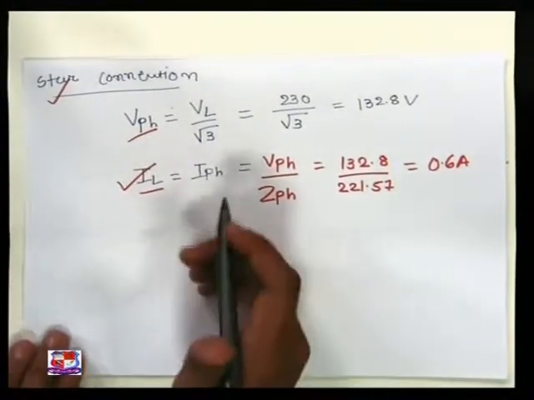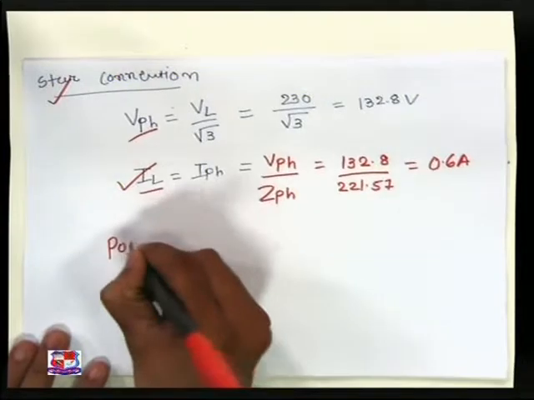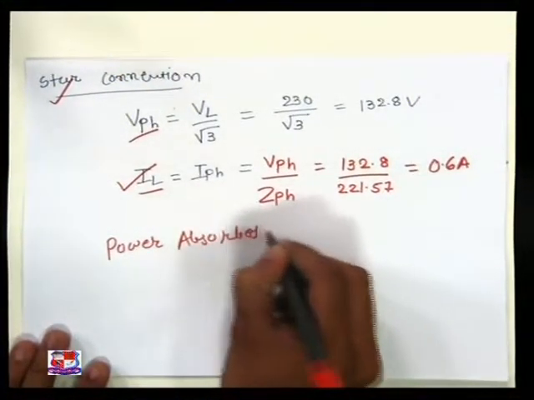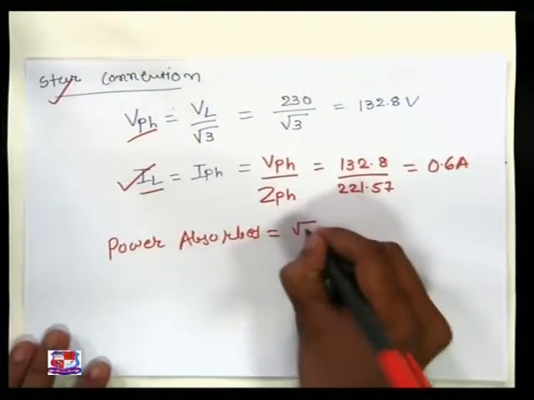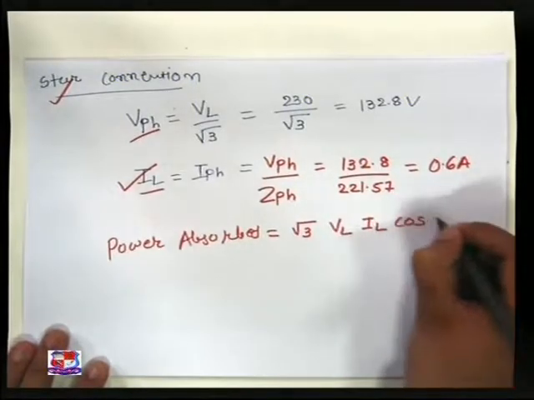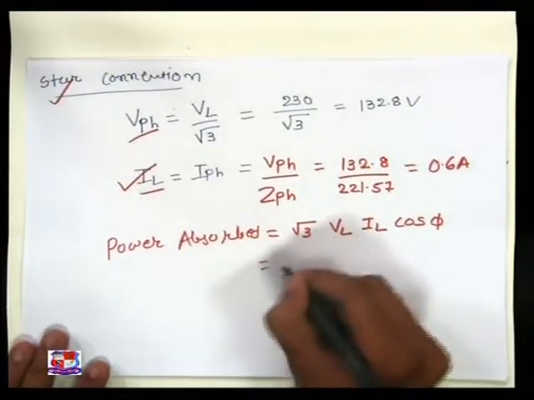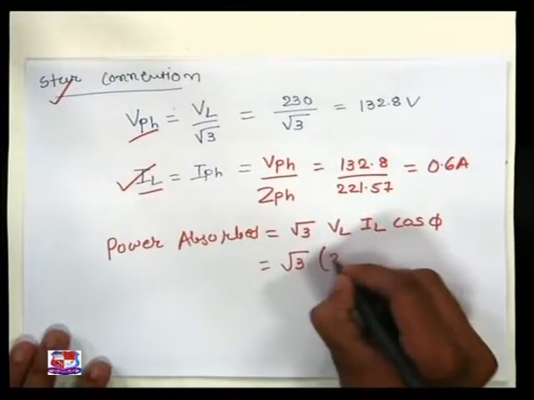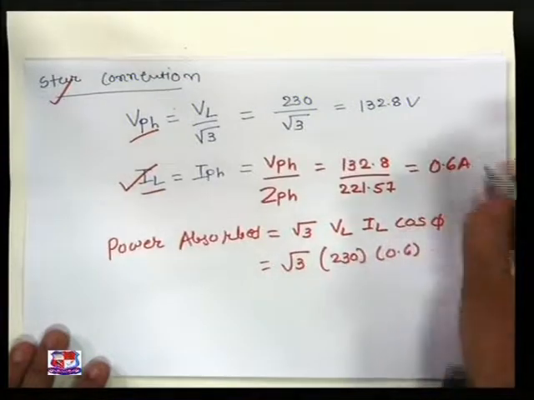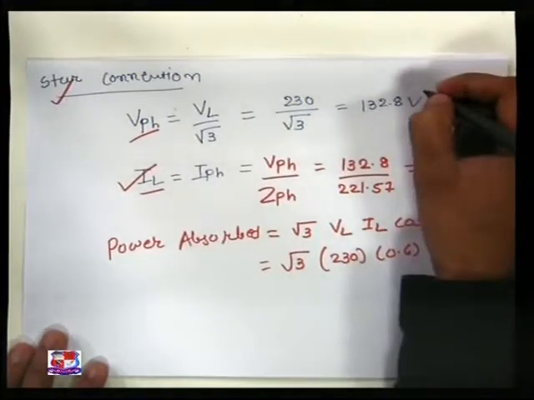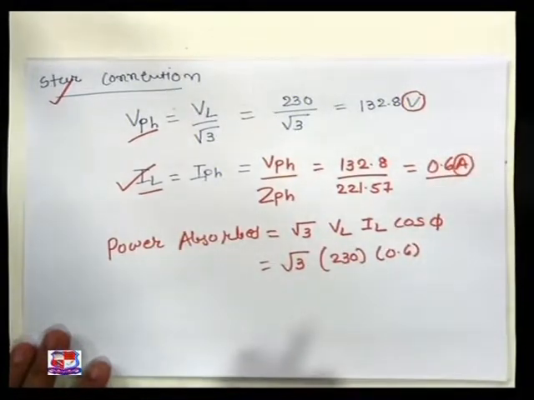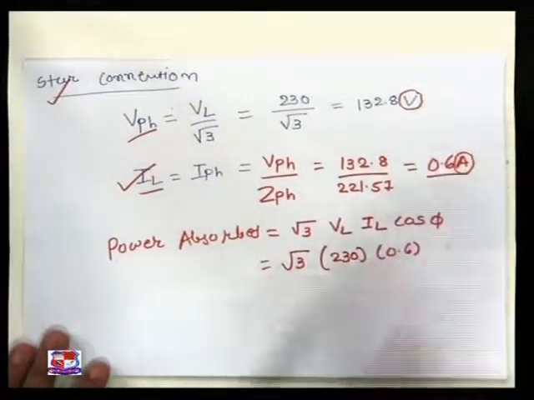Now we have to find the total power absorbed in the star connection. We know it is root 3 VL IL cos phi. So root 3 into 230 volt, our line voltage, then the current we get is 0.6. Always remember that everything has a unit.